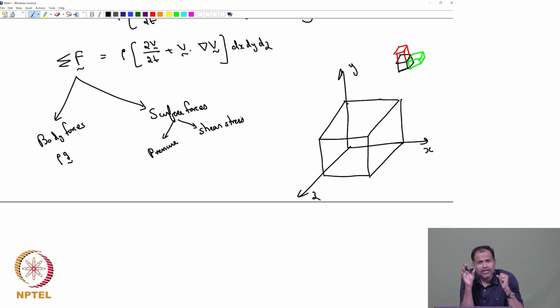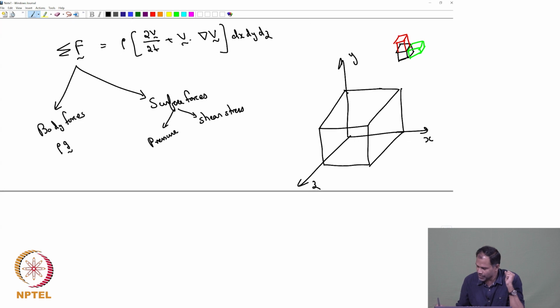Stress is again defined as force per unit area. So, the pressure forces and shear stresses are examples of surface forces, because that force is defined per unit area, unlike the body force, which is defined per unit volume because it depends upon the mass of the object under consideration.